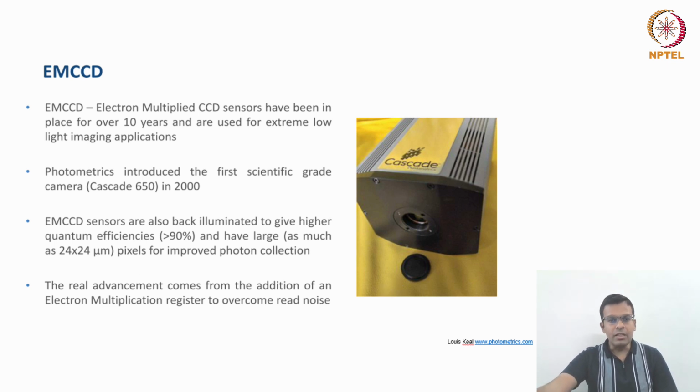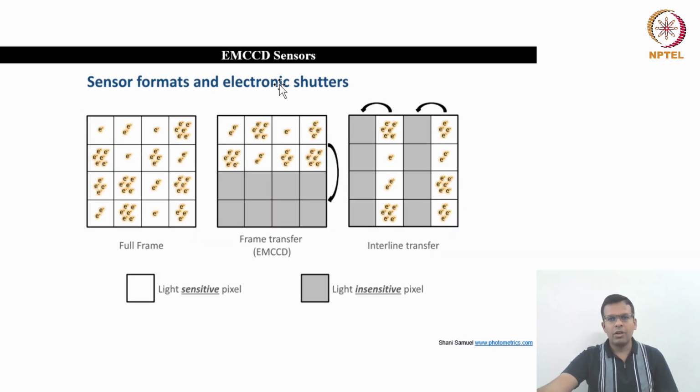So how is the sensor chip of an EMCCD camera different from the CCD camera? In a CCD camera, your entire sensor chip has active pixels, which means all the pixels can collect photons from the sample. But in an EMCCD camera, half of your camera chip has inactive pixels.